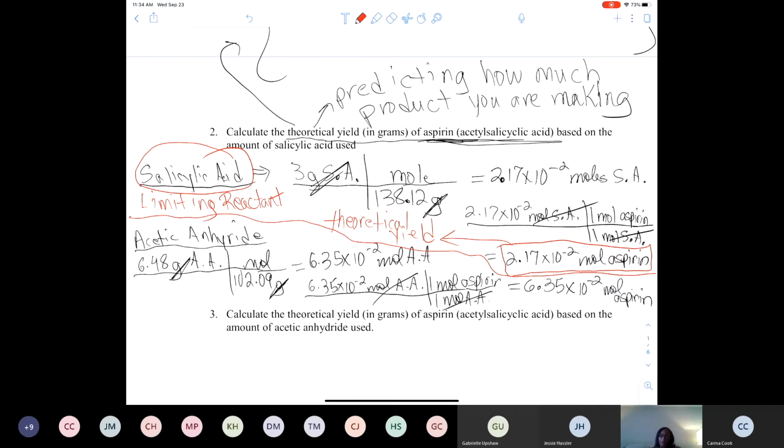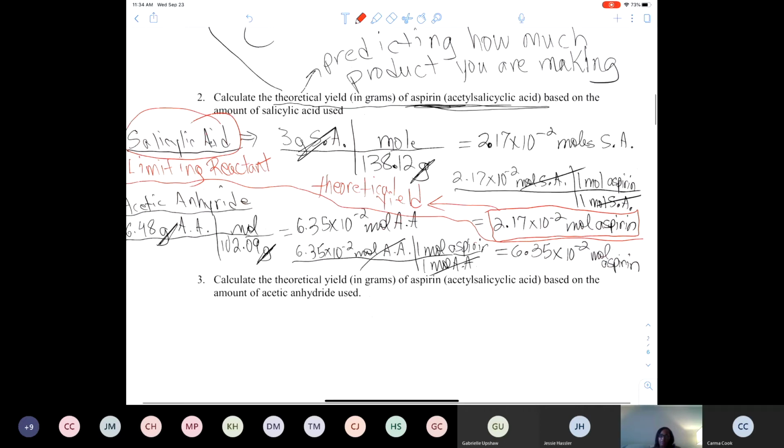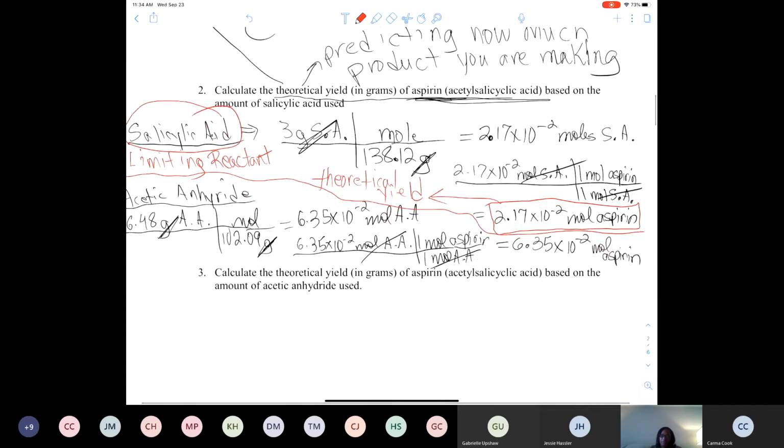And so now that we know how many moles of aspirin that we're going to produce, we can take the 2.17 times 10 to the negative 2 moles of aspirin, and we can convert it into grams. So this is based on the salicylic acid.